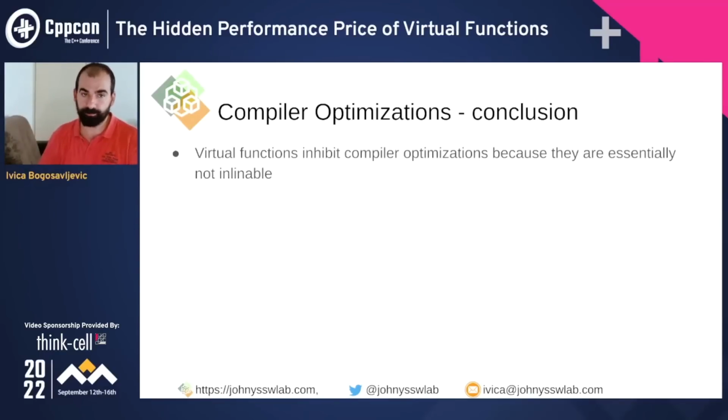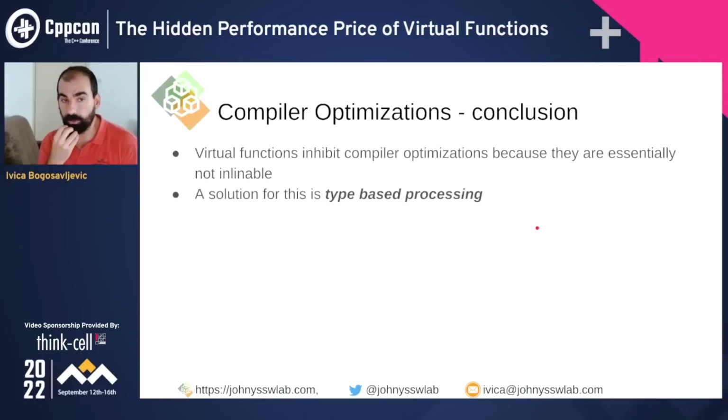So with virtual functions, you have a problem: virtual functions inhibit compiler optimization, because the compiler cannot inline virtual functions. It needs to look up their address at runtime.